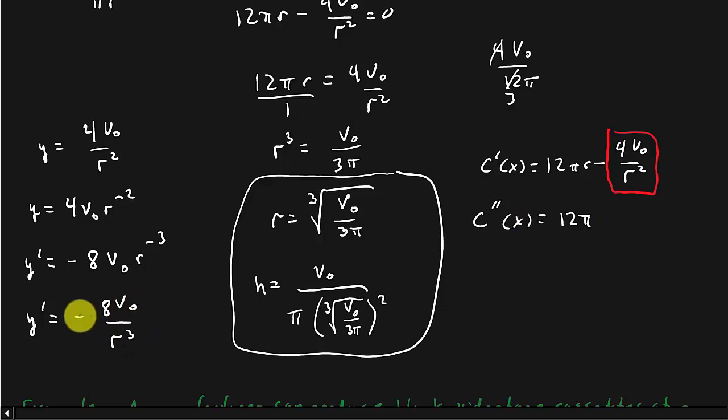And so since I've got a minus here and then this minus, that's going to make it a plus 8 v naught over r cubed. And we can see that this is going to be positive, because the volume's positive, the radius is positive, and we got 12 pi plus, so that's going to be positive. So we got a minimum there.